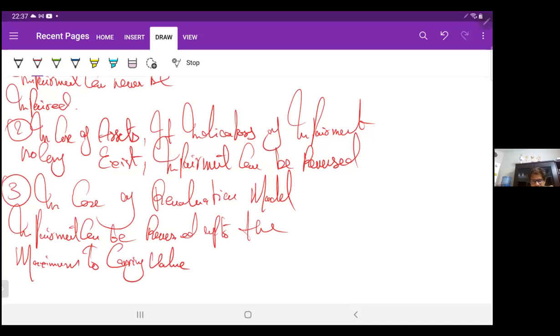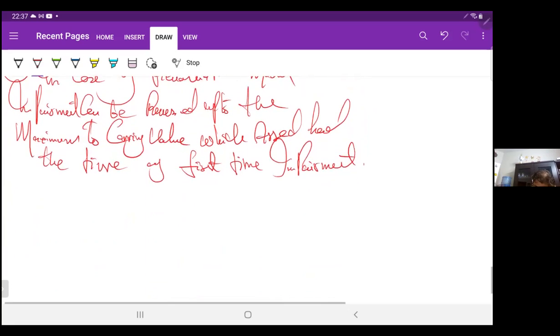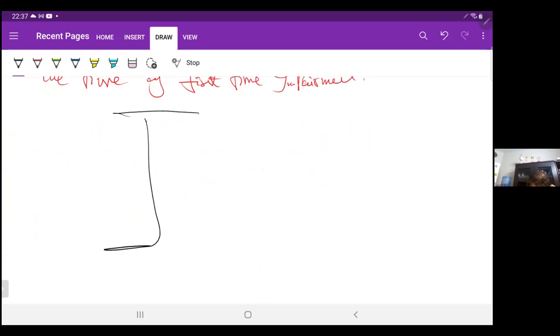which the asset had at the time of first time impairment. Right? What does it mean? Let me show you. For example, we had an asset which had a value of 2000.